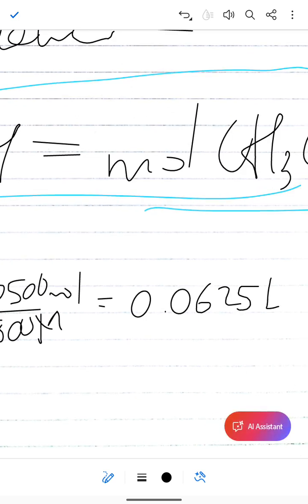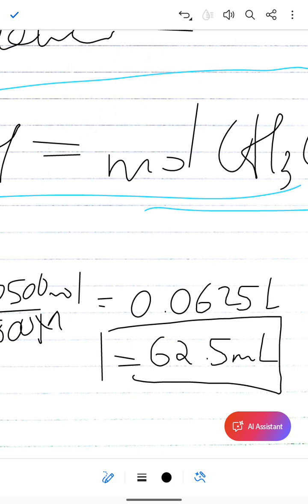So to convert it to ml, it will simply be 62.5 ml.